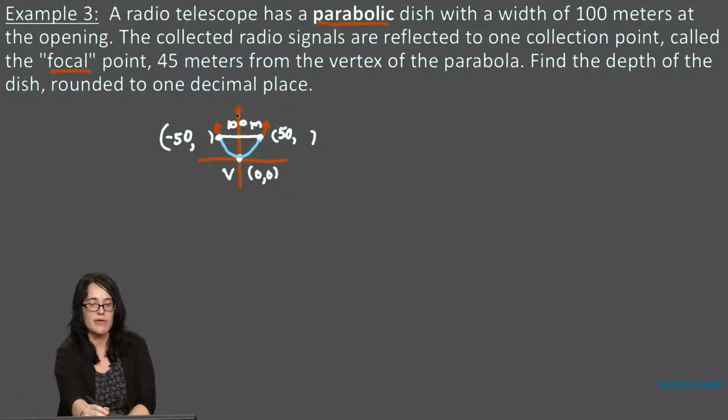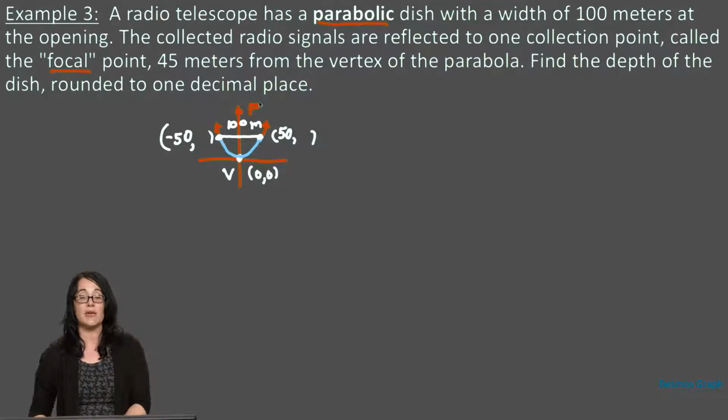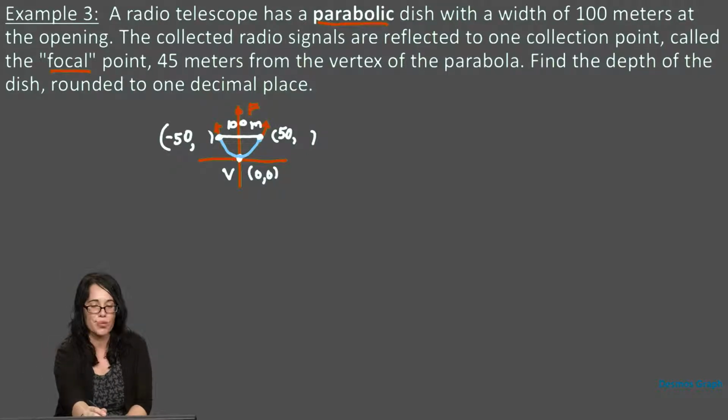So I would probably venture a guess that that focal point, called our focus, is somewhere beyond our opening, okay? So if that is the case, we now know that it is 45 meters from the vertex. So that point would be at 0, 45.